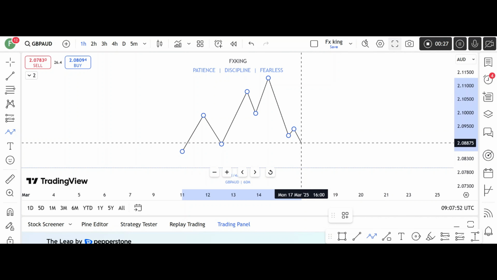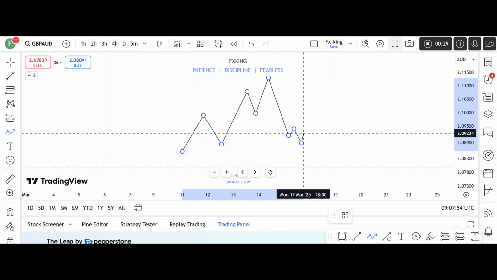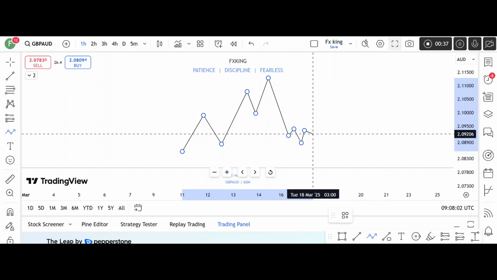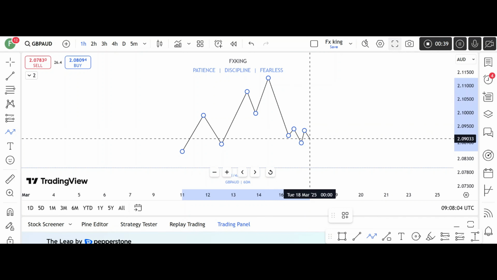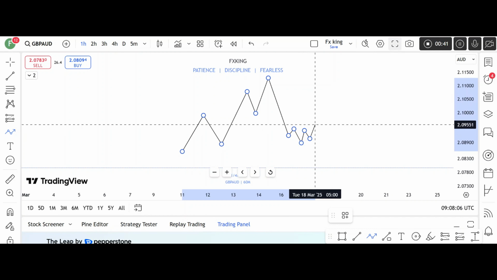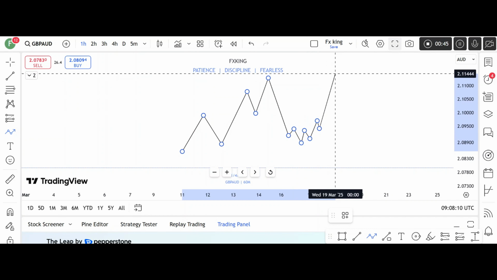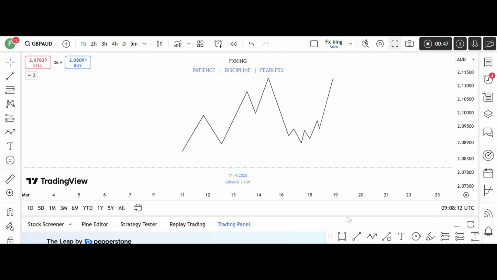So when this market finally taps into your point of interest, it rallies up and makes as if it wants to respect the last internal lower high here, then pushes down a little, and then you finally have a change of character and the market rallies up.